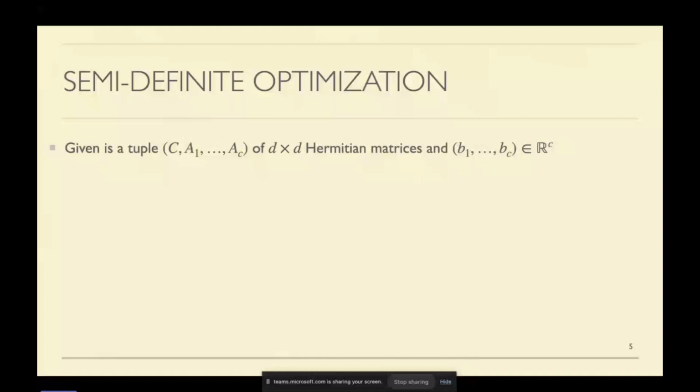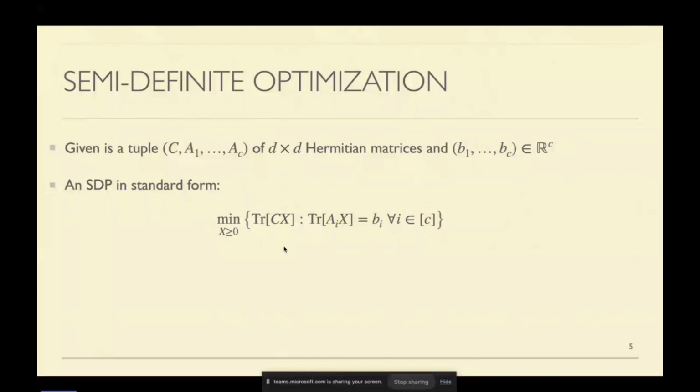Okay, so what is a semi-definite program? The input to the problem is a list of D by D Hermitian matrices that I'm calling big C and A1 through A little c, and these real numbers. And so an SDP in standard form, there are different versions of what is standard form, but most textbooks and literature that you consult agree that this is the standard form of an SDP.